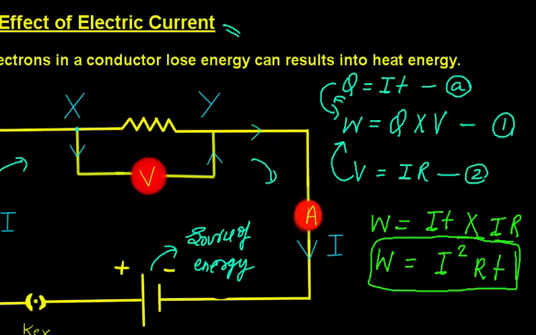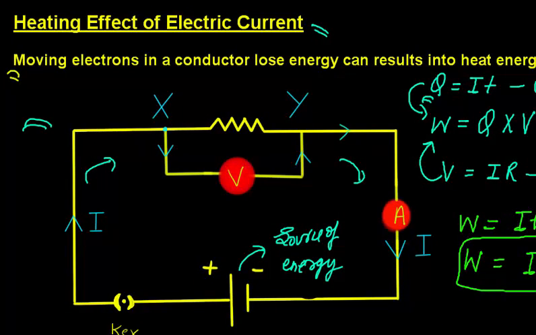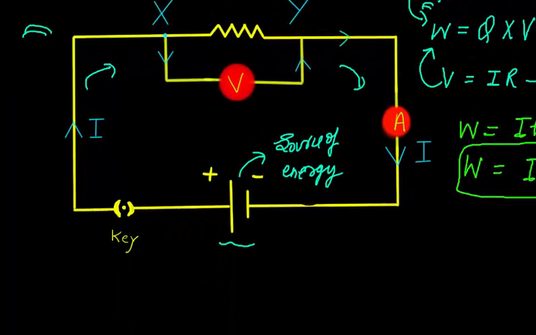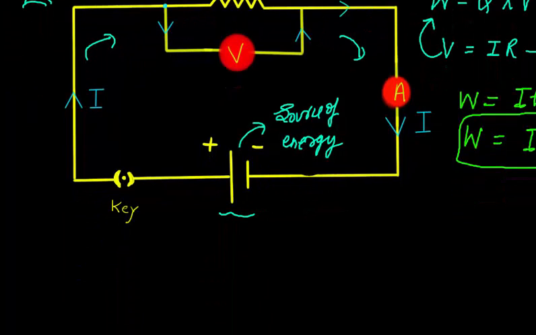So if all the electrical energy is just converted into heat energy, then I can write H equals W equals I square R T.